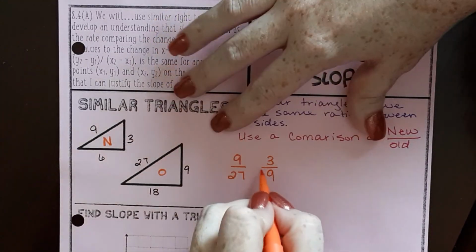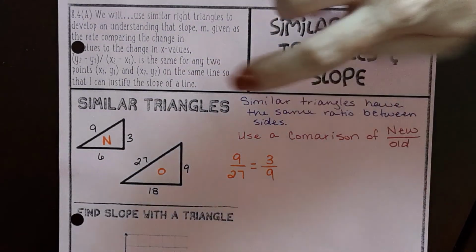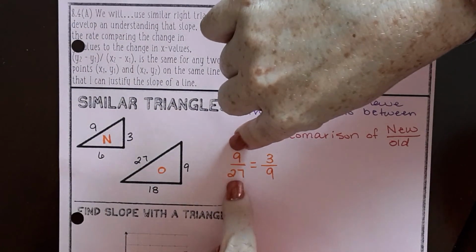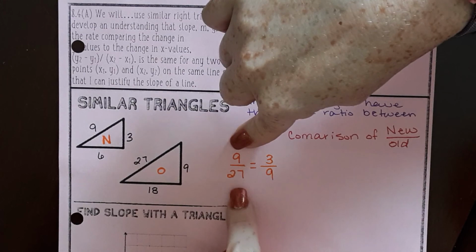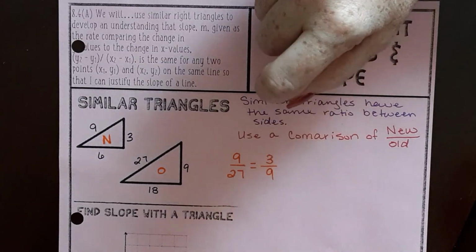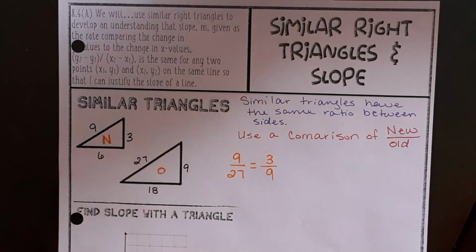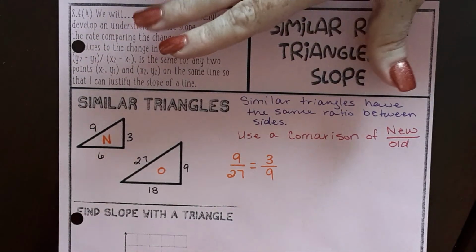Okay, and we need to set these equal to each other. So what this means is if I reduce this fraction as far as it will go, and I reduce this fraction as far as it will go, I should end up with the same number because the ratio between the sides should be the same.